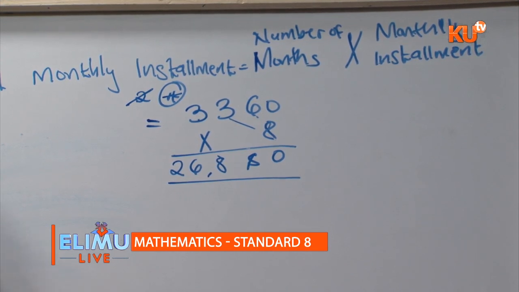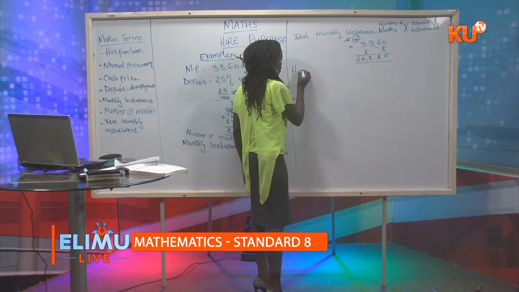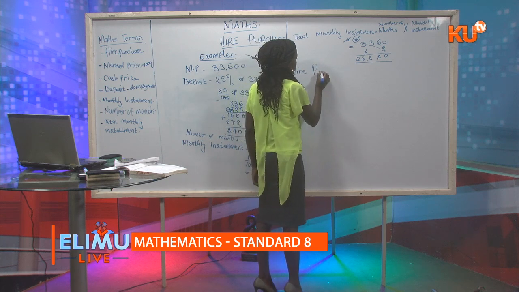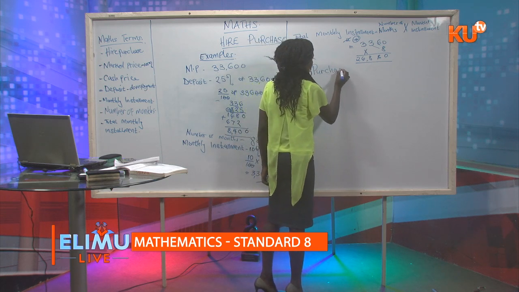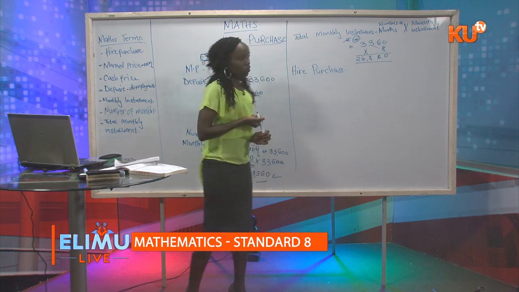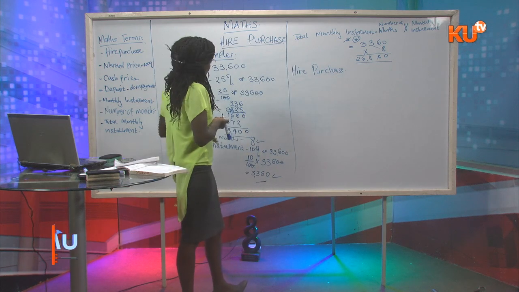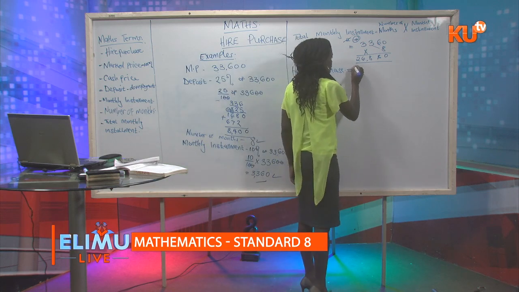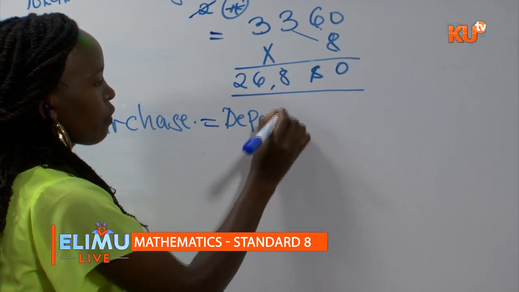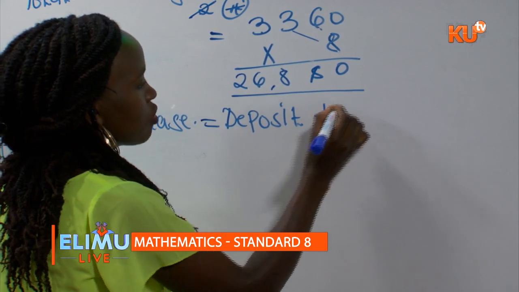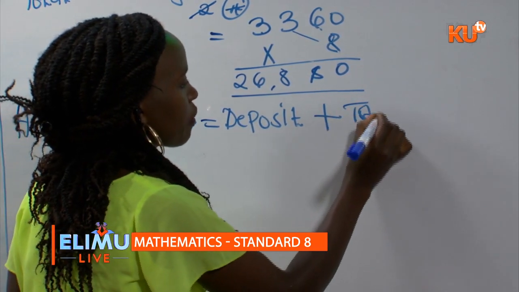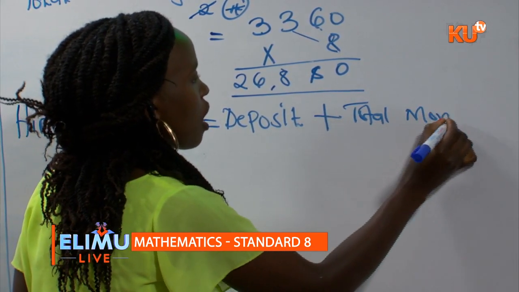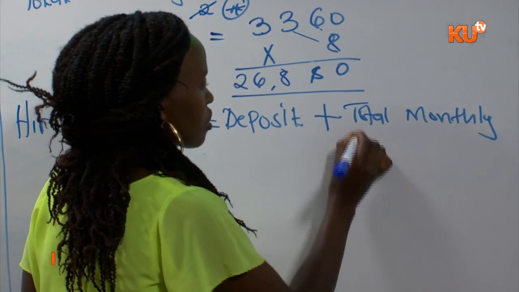So we look for our hire purchase price. We know the formula of getting hire purchase when we have the deposit and the total monthly installment. We take the deposit, we add to the total monthly installment.